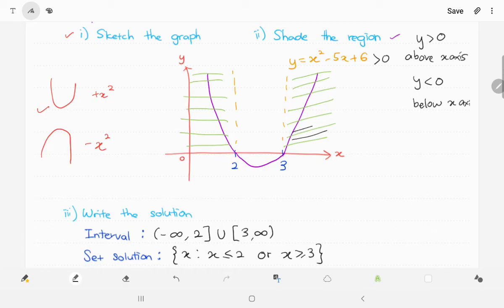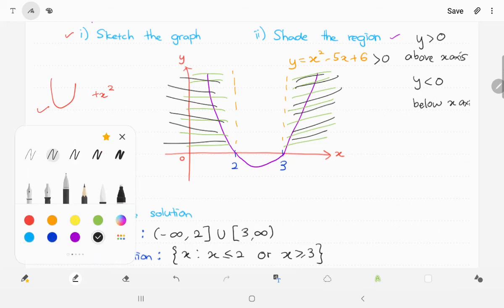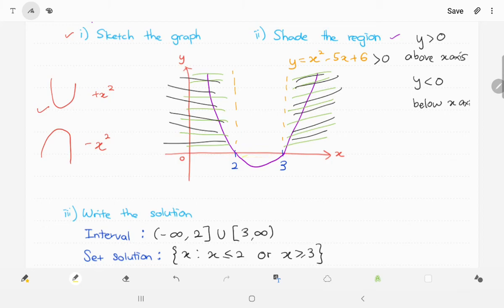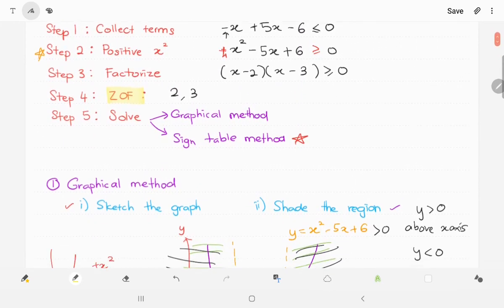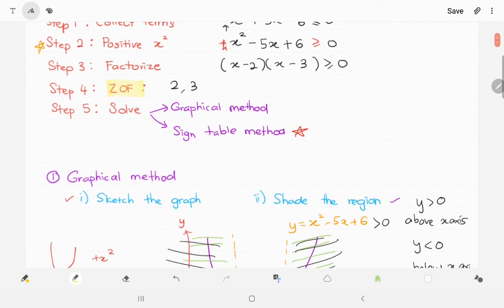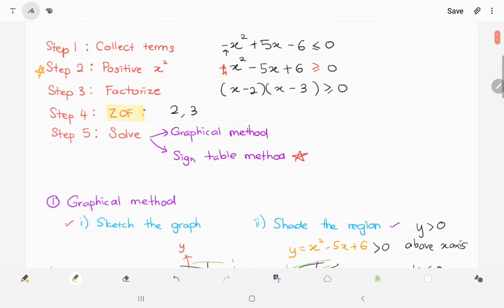If y is less than 0, then you need to shade below the x-axis, which is below here, the yellow one. Okay, it depends on your condition, based on the sign of the inequalities here.